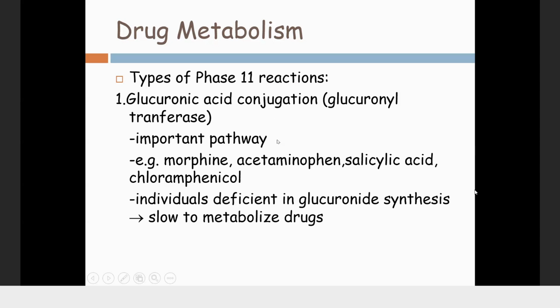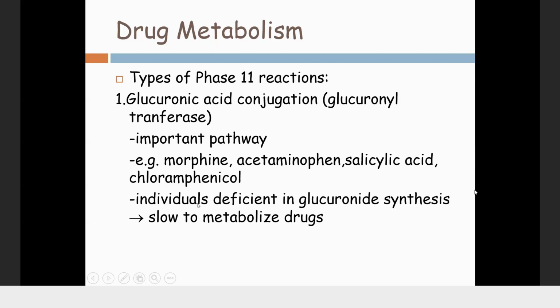This is a very important pathway because most drugs undergo glucuronic acid conjugation. Examples of drugs listed here: morphine, acetaminophen, salicylic acid, chloramphenicol.